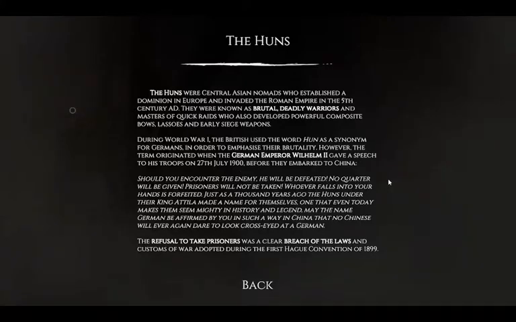No quarters shall be given. Prisoners will not be taken. Whoever falls into your hands is forfeited. Just as 1,000 years ago the Huns under their king Attila made a name for themselves that even today makes them seem mighty in history and legend, may the name German be affirmed by you in such a way that in China no Chinese will ever again dare to look cross-eyed at a German. The refusal to take prisoners was a clear breach of the laws and customs of war adopted during the First Hague Convention of 1899.